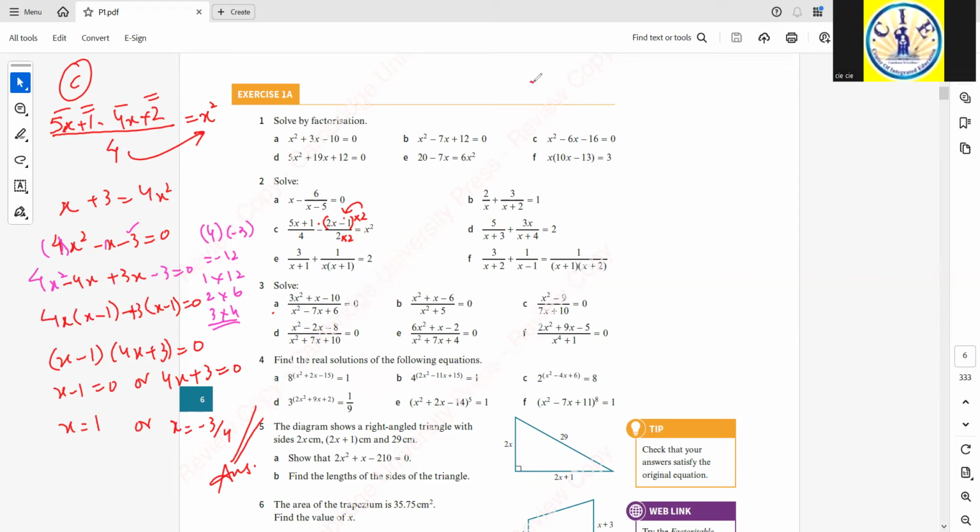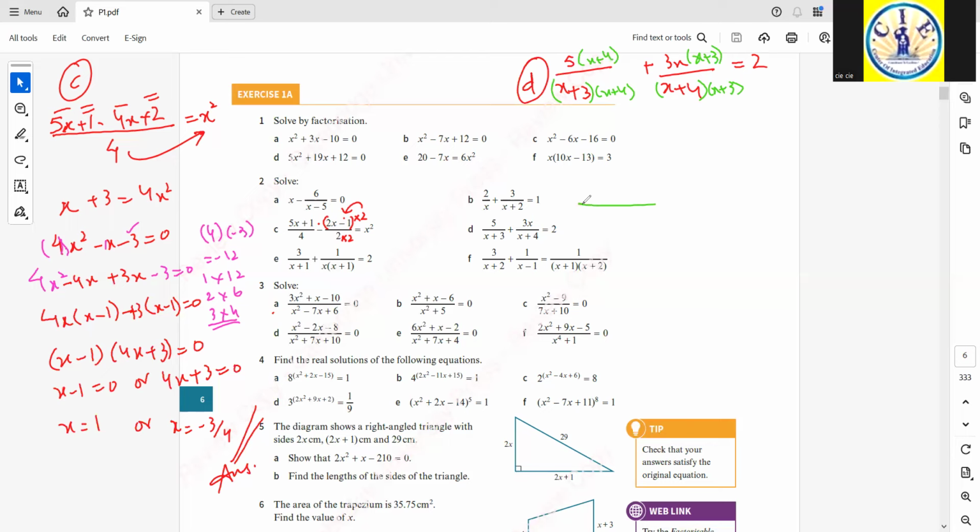Okay, now for part D. Let me have it like this, and then I need to multiply this with x plus 4, and I need to multiply this one with x plus 3, so that I could have the common denominators.